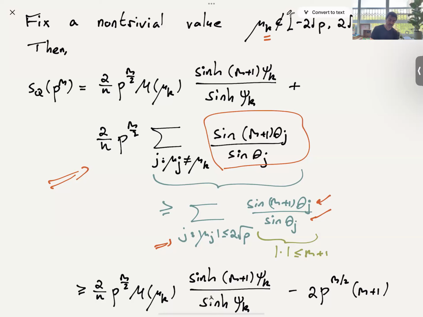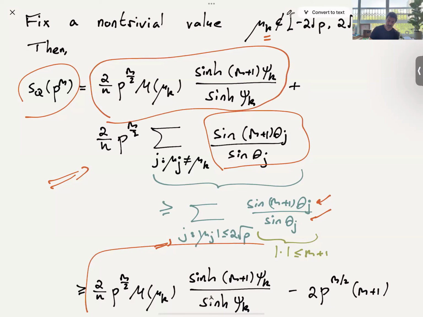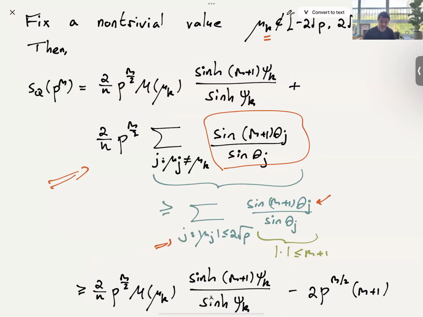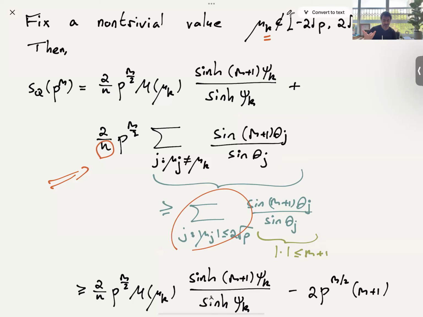So this means that S_Q P^M can be bounded from below as well. You have this term, coming from the kth large non-trivial eigenvalue, and then all of the remaining ones subtract at most, since this is a lower bound, 2 p to the m over 2 times n+1. Because you have at most n summands here, so this cancels out in the right direction.